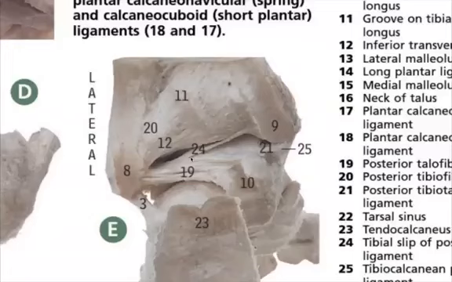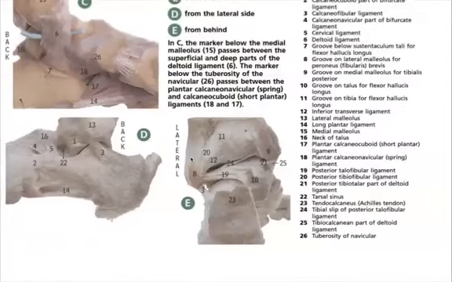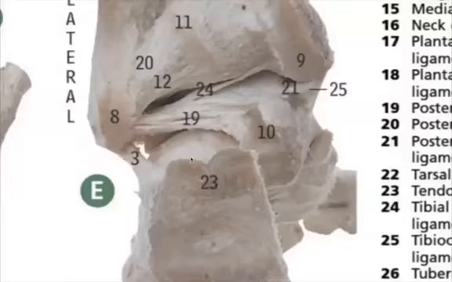Okay, so from this picture, there is nothing much you have to identify other than these few simple ligaments. Are all the ligaments clear for all of you? Yes, clear. In picture E, is number 25 the deltoid ligament?